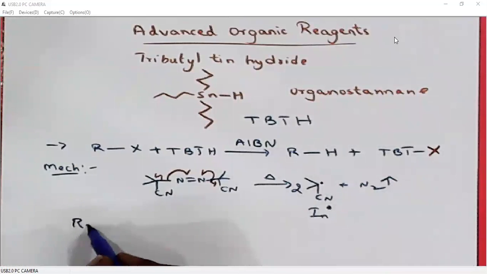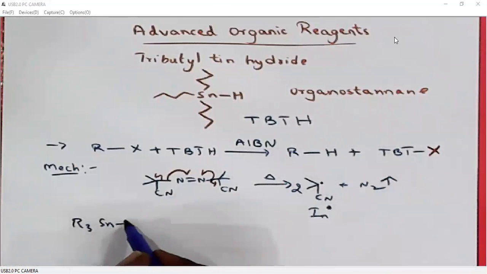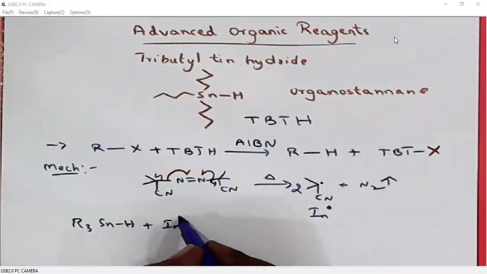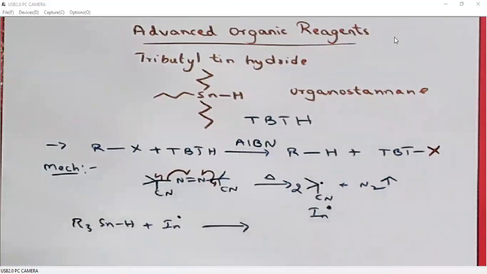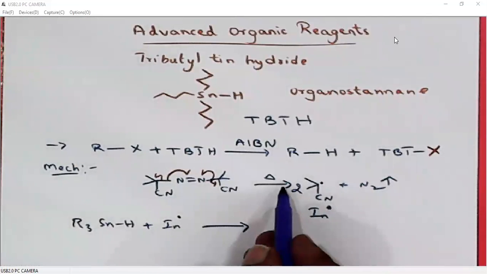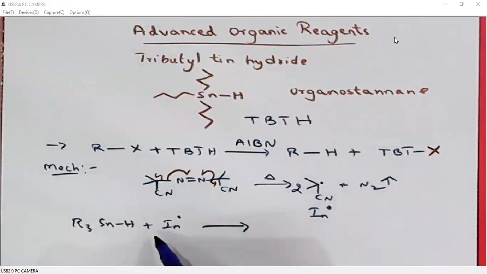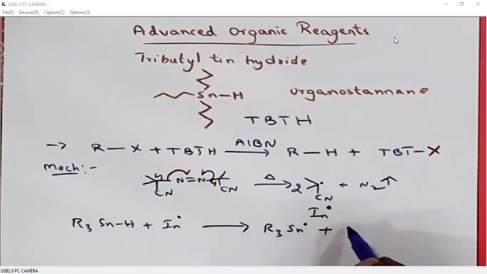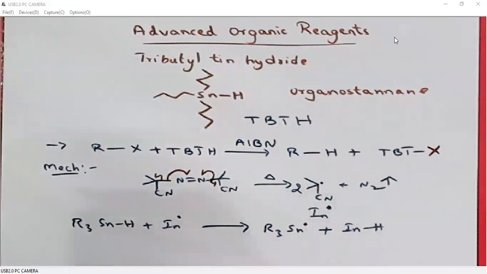Then the initiator radical reacts with TBTH and it takes the hydrogen from TBTH. This is the initiation step, and this is the first step in the propagation of this radical reaction. Then tin radical will be generated, and then the initiator will pick up that hydrogen from tin.